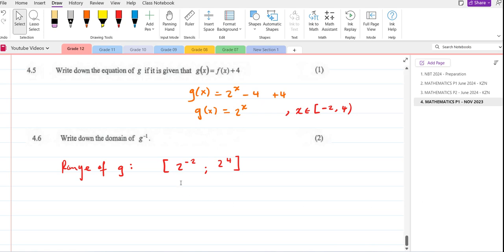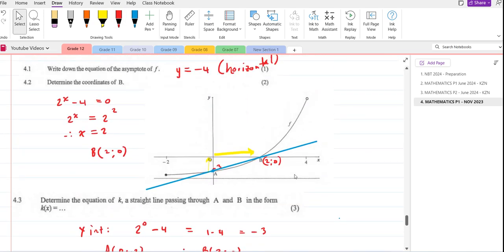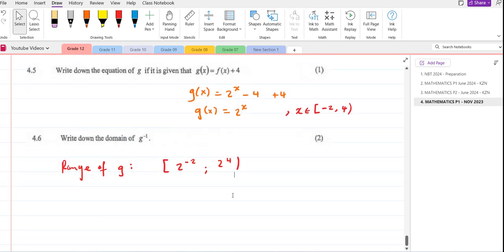2 to the power minus 2, you can't put 2 to the power 4 in brackets, so let's do this. The range of g is y is an element of, where did we get this? This is the function. We're substituting minus 2 here and 4 there. So y is an element from quarter to 2 to the power 4, which is 16.